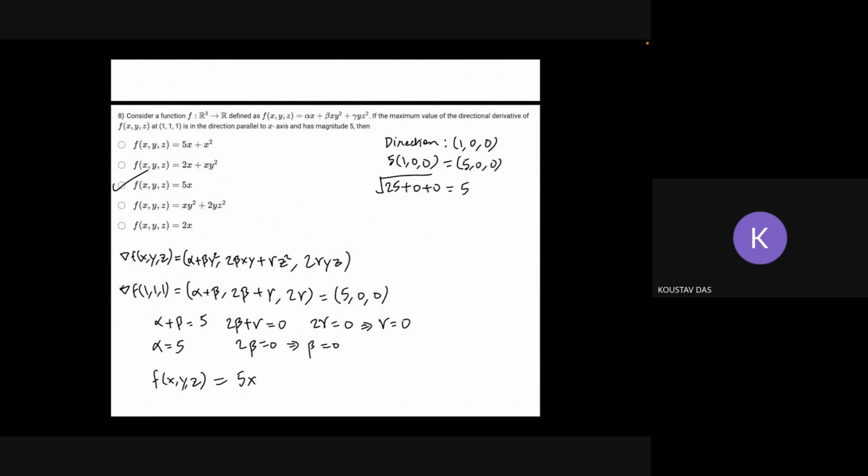Ma'am, if we do the dot product with 1, 0, 0 with that grad f, that means alpha plus beta, comma 2 beta plus gamma, comma 2 gamma, and take its norm and equate it with magnitude 5, then am I right or wrong? Here we want the maximum value.